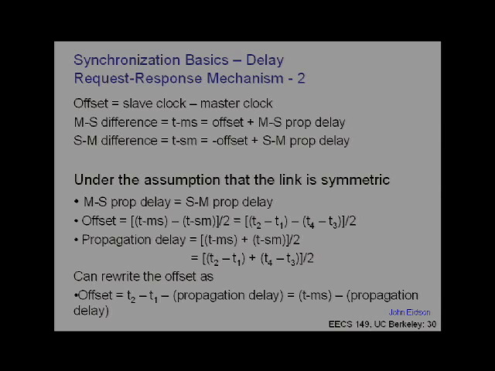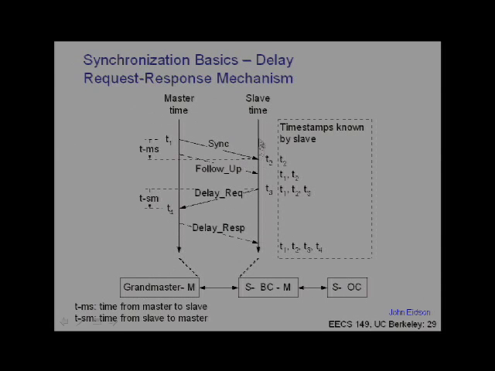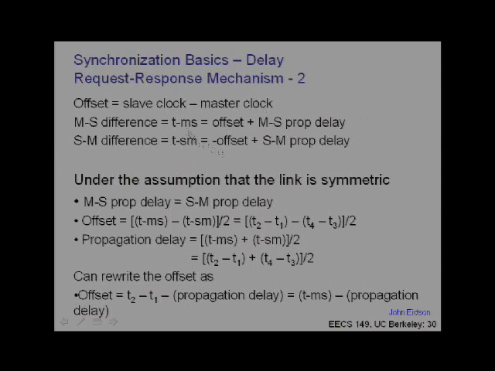Okay. So now we can write down TMS and TSM in terms of the offset. So TMS, master to slave, is going to be the offset, so T2 minus T1 will include the offset, plus the propagation delay. Now, if you go the other way, from slave to master, then you have minus offset.